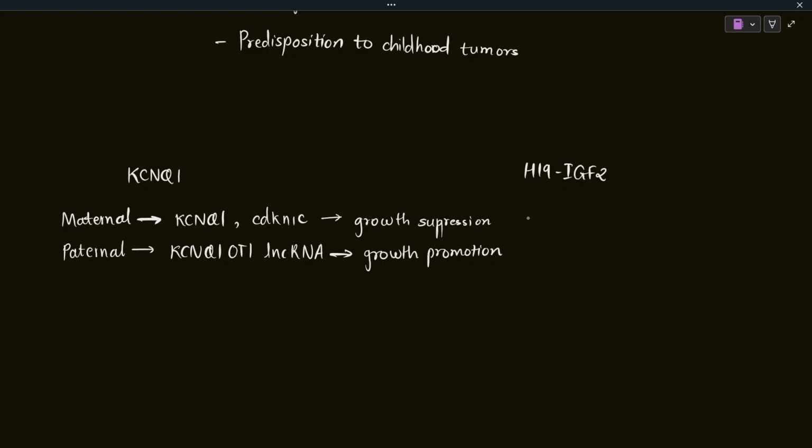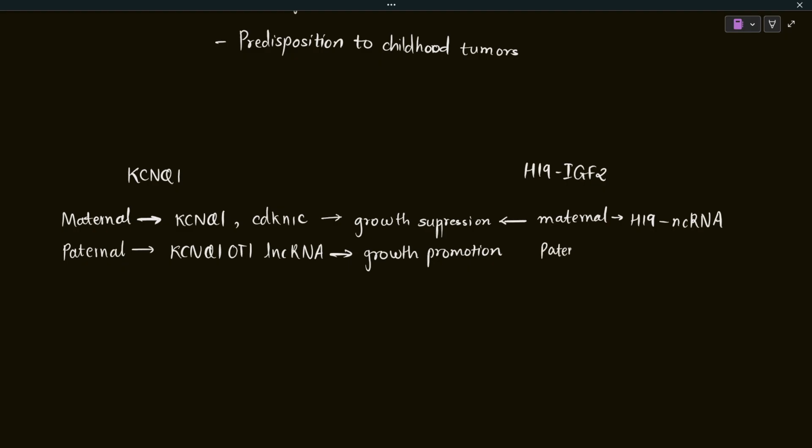So the maternal allele, in case of this cluster, does not produce IGF2 because this cluster has the CTCF binding site, which is unmethylated in the maternal allele, and that is why CTCF can bind to it, and the enhancer which controls H19 as well as IGF2 does not have control over IGF2, and that is why IGF2 is not produced. So only the H19 gene is expressed, which produces the H19 non-coding RNA. This is a non-coding RNA, which also leads to growth suppression.